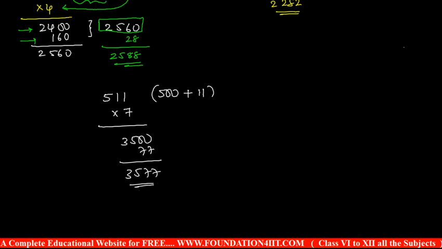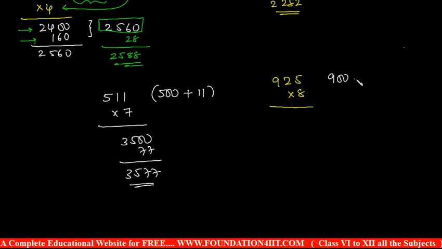Any numbers in a combination like this, for example 925 into 8. If you are aware of numbers like the 25 times table, 25 twos are 50, 25 fours are 100, 25 eights are 200.